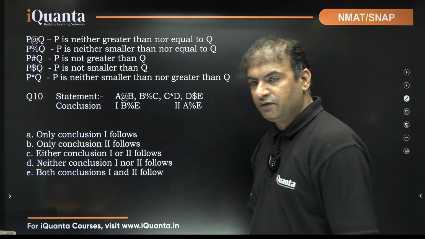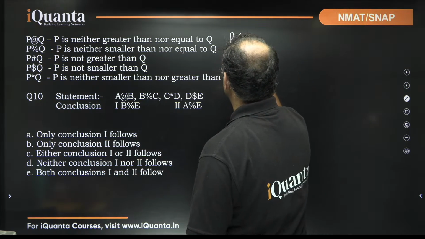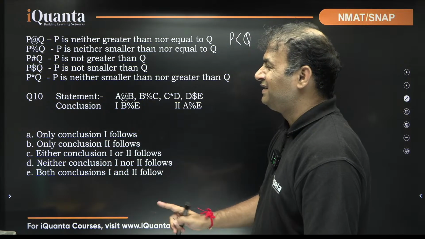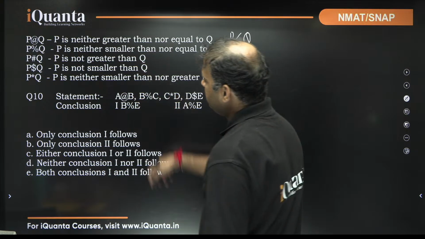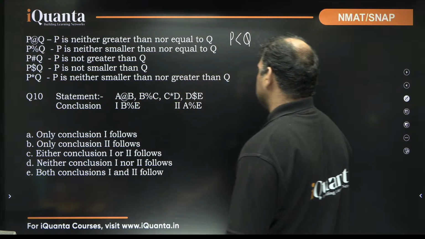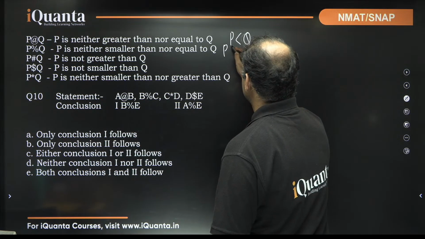So guys, what is the meaning of this? p is neither greater nor equal to, that means p is less than q, right? Hope you understand. p is neither greater than q nor equal to q, that means p is strictly less than q. Second, p is neither smaller than nor equal to, that means p is strictly greater than q, right? I'm sure you all understand that.